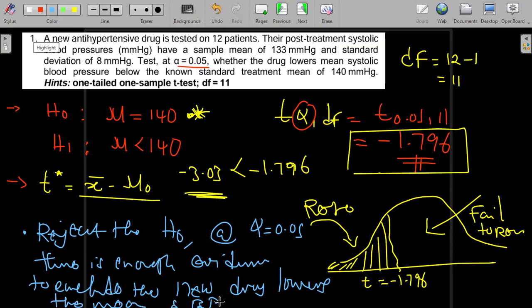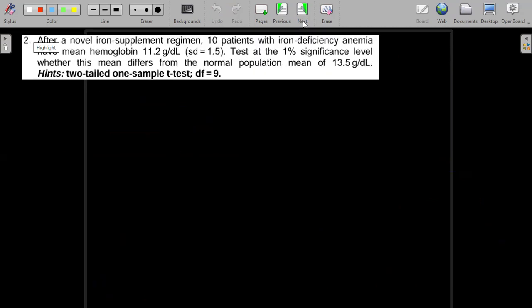Since we have rejected the null hypothesis, the alternative is the one that we're going to consider. So reject H0, then it means that at 0.05 significance level, there's sufficient evidence to conclude that the new drug lowers the mean systolic blood pressure.